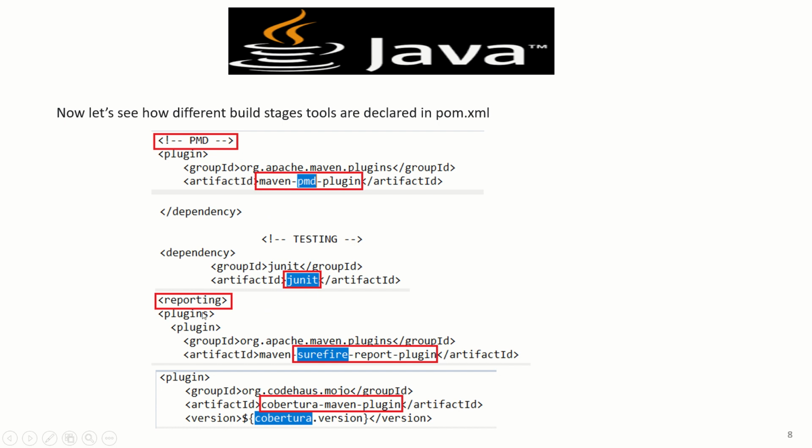For reporting, it is the surefire-report plugin, so I'll download that too from Maven Central. And this is the Cobertura Maven plugin, the next dependency, which also needs to be downloaded from the internet. So Maven will download all these dependencies in order to build the source code.